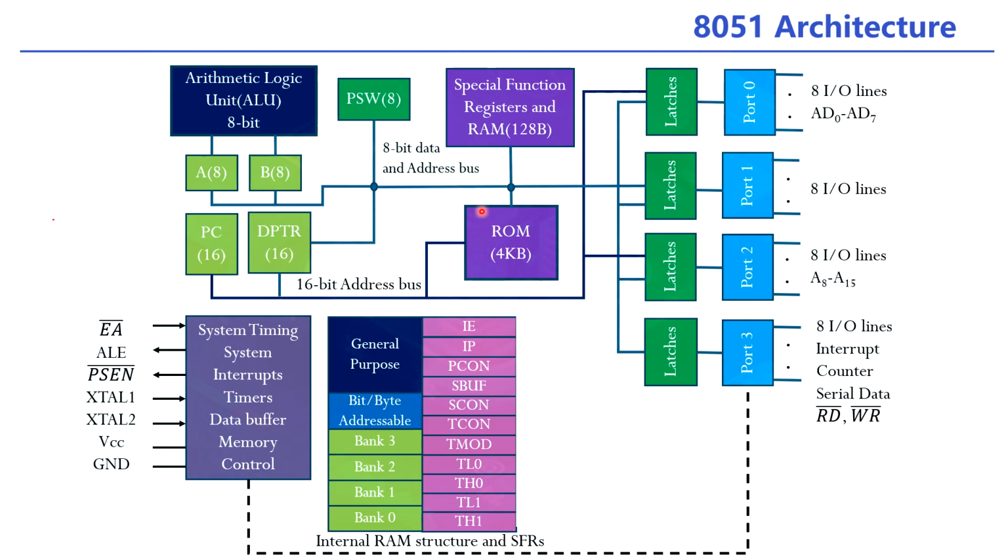If you observe here, A0 to A7 and A8 to A15, it has to generate a 16-bit address. So that's why the program counter is 16 bits in the 8051 microcontroller.